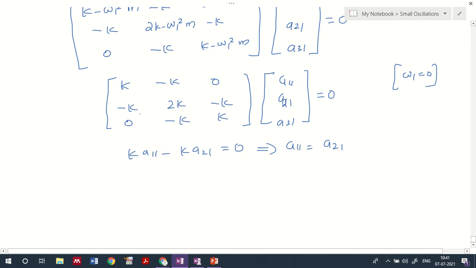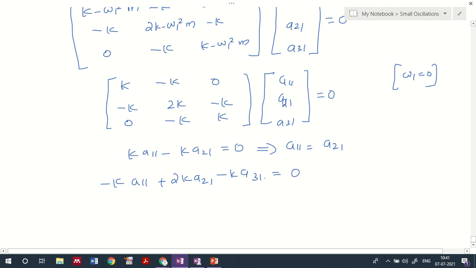Okay, and on the next line, if you equate the next line, then you will be getting minus k a11 plus 2k a21 minus k a31, which is equal to 0.